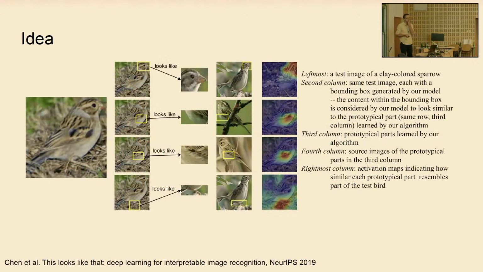And the prototypical part network uses something that is well known in cognitive science, called case-based methodology, right? There is a cognitive theory that says that humans use that kind of reasoning, case-based reasoning. How does it work? Well, it works like you can see in this image.